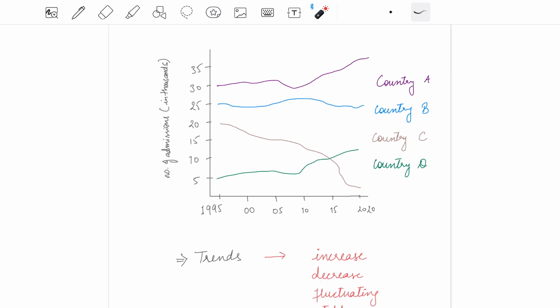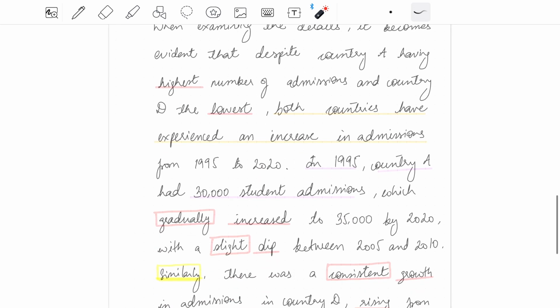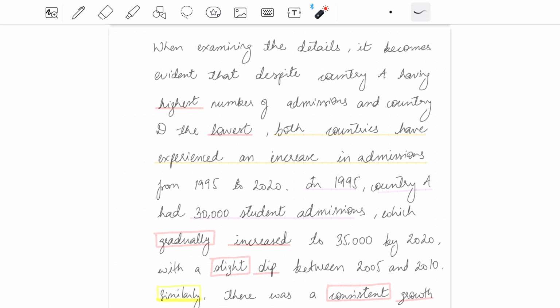Okay, so let's, for an example, take how we are going to write our main body if we are only describing country A and D. Remember, these two are both showing an increasing trend over the years. So if I have to write about these two in our main body, then I would say, when examining the details, it becomes evident that despite country A having the highest number of admissions and country D the lowest, both countries have experienced an increase in admissions from 1995 to 2020.